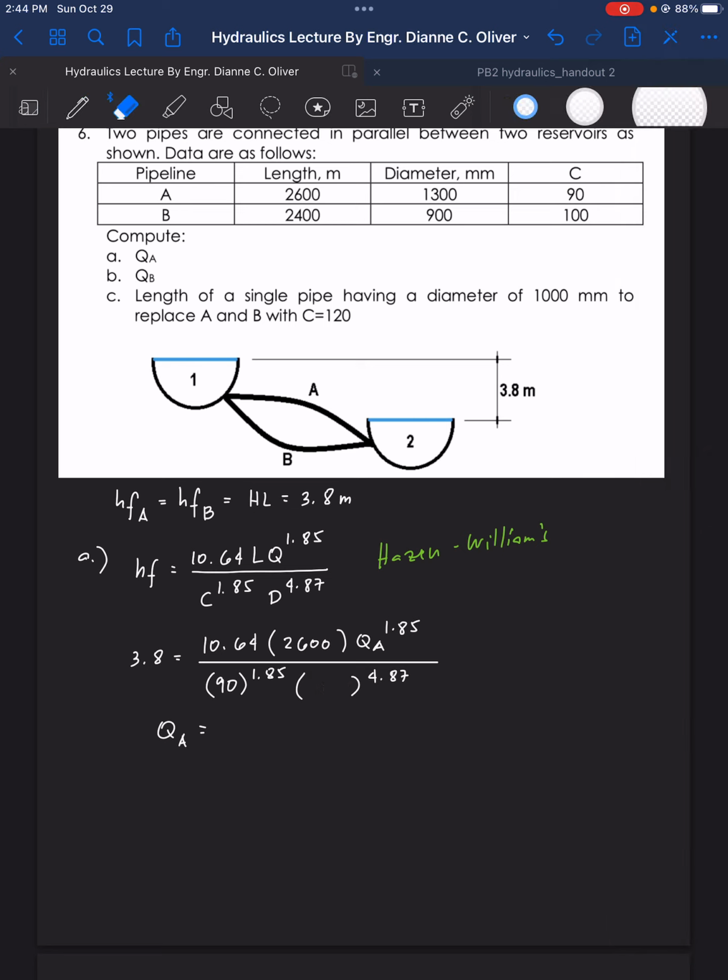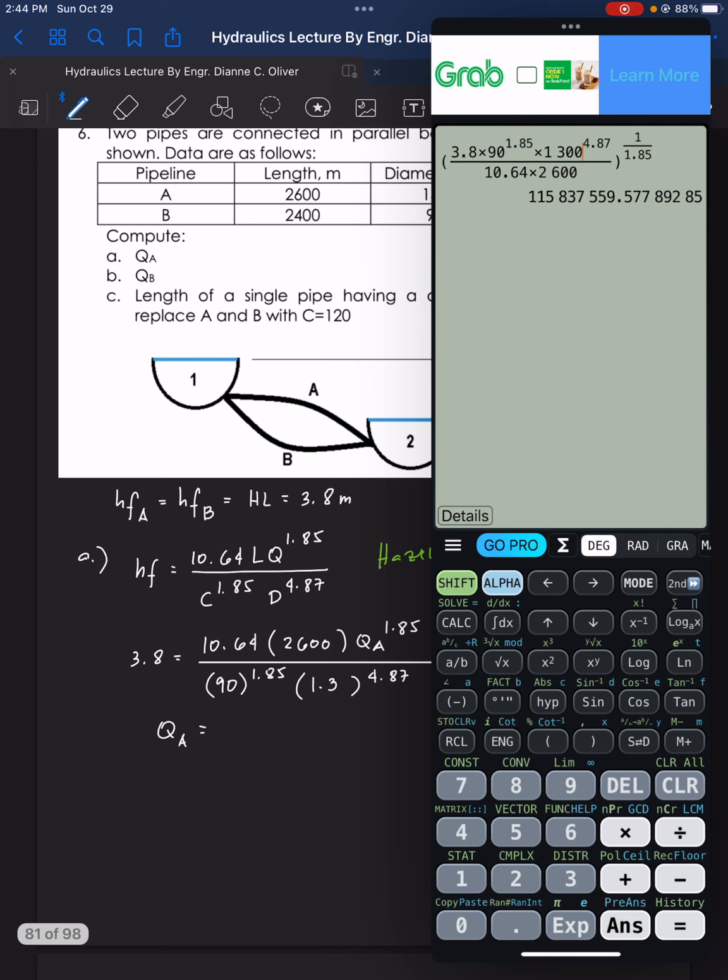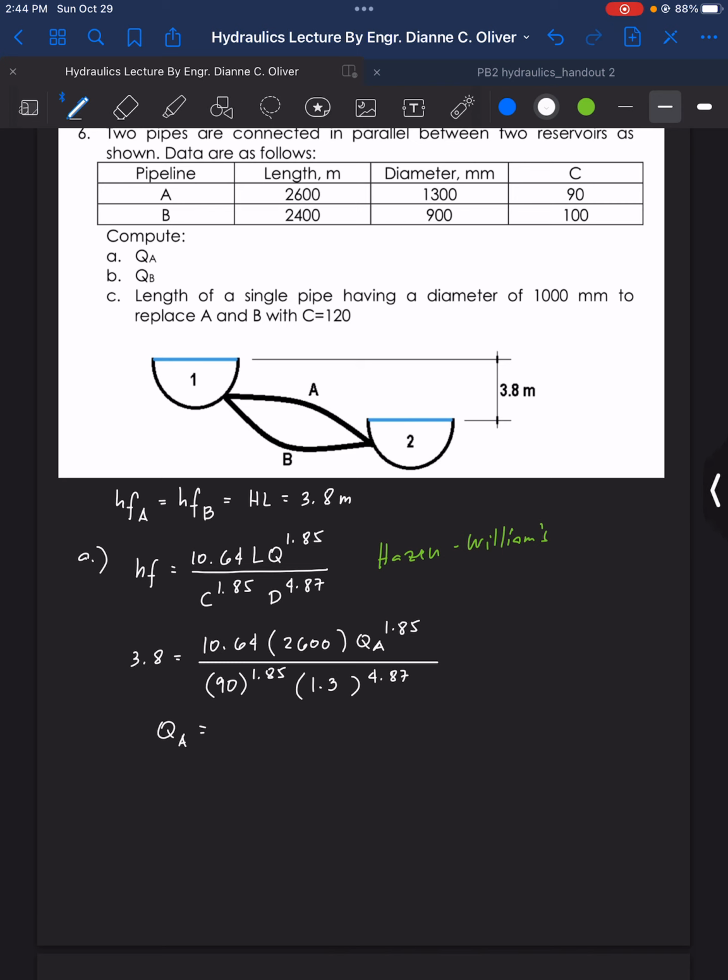The diameter here is 1.3 meter. So therefore our Q sub A is 1.467 cubic meter per second. So that is QA.